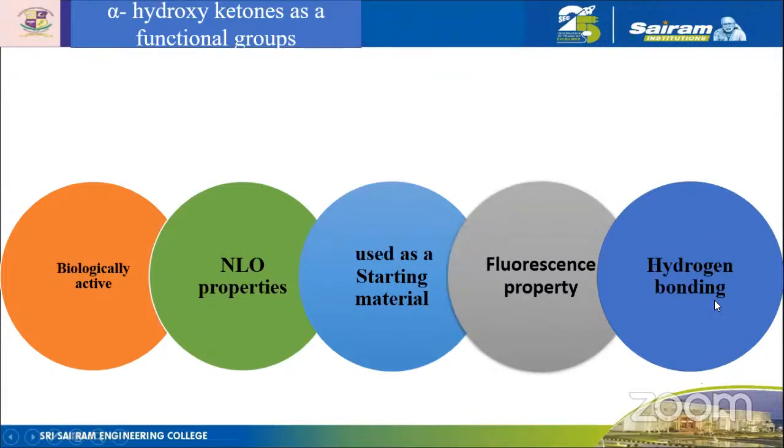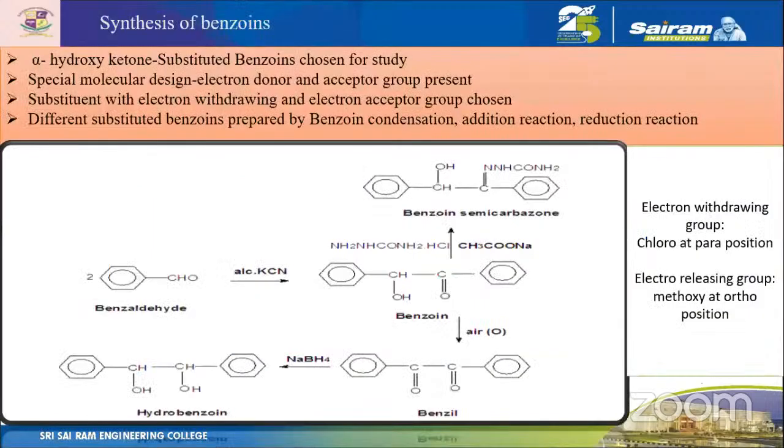And one more property is very important: hydrogen bonding. You may think these topics are very new to you, but if you understand the properties of this material, then only can you come to know how the efficiency of your material is very important for finding applications in your projects.